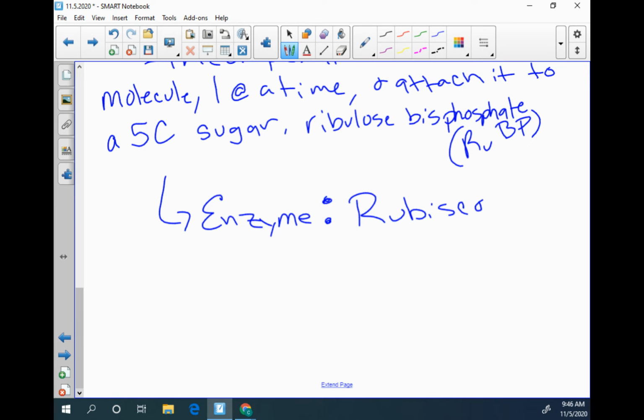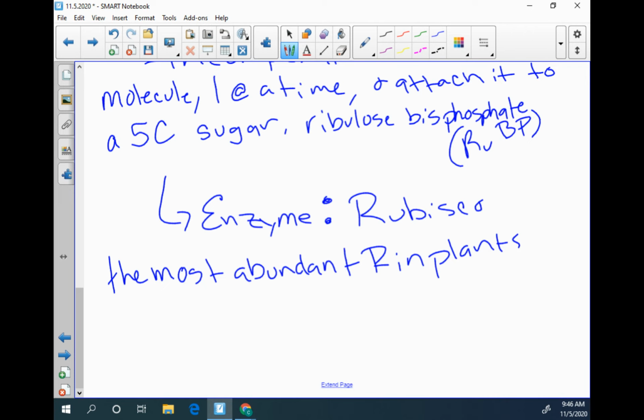So Rubisco is in charge of taking carbon dioxide out of the atmosphere and fixing it to this RuBP, which is really, really important for the process of photosynthesis. If we couldn't fix carbon dioxide, we couldn't get anywhere. We couldn't make these sugars. And for that reason, Rubisco is the most abundant protein in plants. It's also one of the very few enzymes that we are going to talk about that doesn't end in -ase.